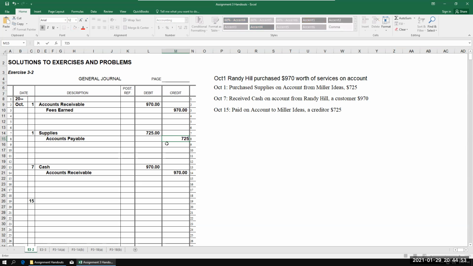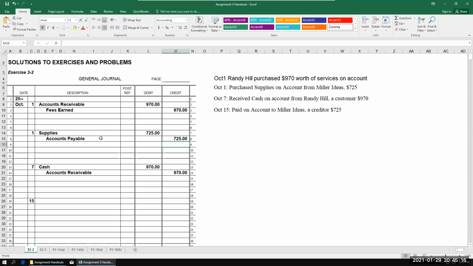Because in this case, our liability, our debt is going up $725 because we purchased it on account. So basically what we're doing here is not only recognizing that we got the supplies, but we're recognizing that we incurred a debt doing so. Because if it had been cash, we would just write cash, right? And then that would be the end of the transaction.